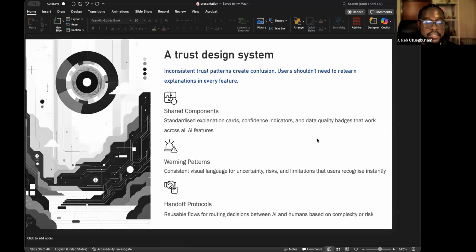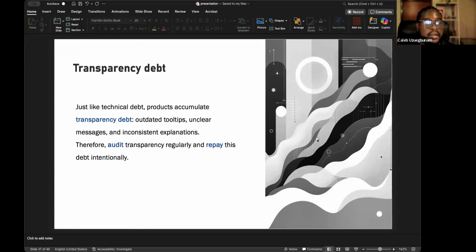And scaling trust is all about the shared components, warning patterns, handoff protocols within AI teams building AI, and of course, in how those AI teams interface with the end users or other relevant stakeholders. And the reason why we kept talking about transparency on this call is there's something called transparency debt.